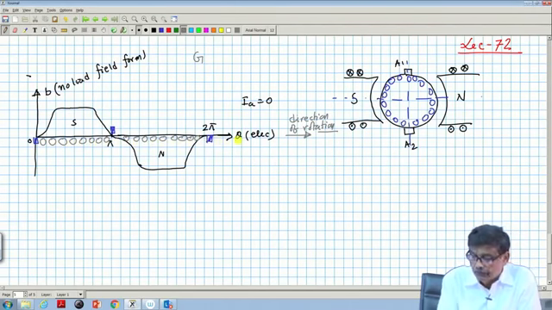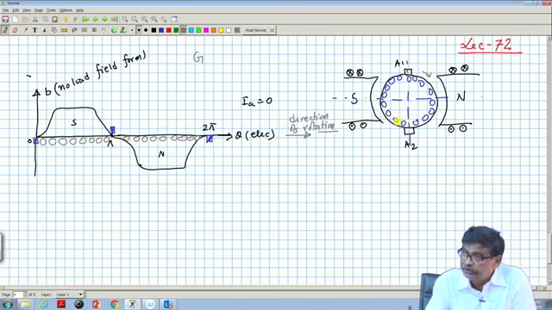Armature conductors are moving, brushes are fixed. So the same thing is now translated here. Now, if this is the direction of rotation, we know the conductors under the south pole, that is these conductors, will carry dots.